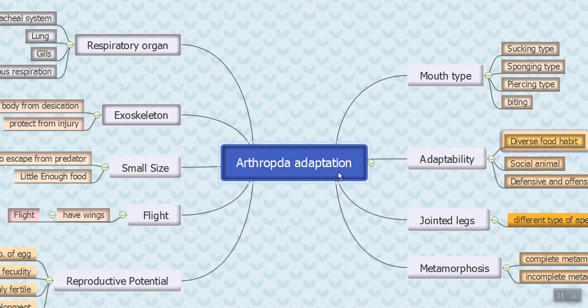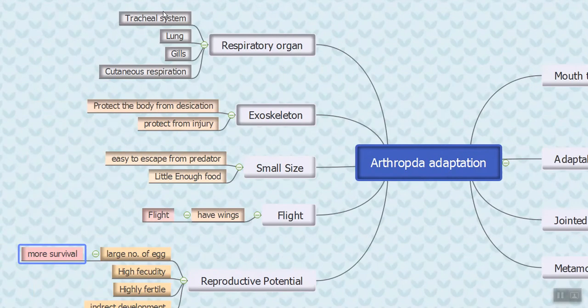The first adaptation, as you have seen here on the screen, is respiratory organs. This group of animals has a wide range of different types of respiratory organs. Firstly, it has a tracheal respiratory system, which I have already discussed earlier. The tracheal system is where the body has pores which lead directly to tissues or muscles.